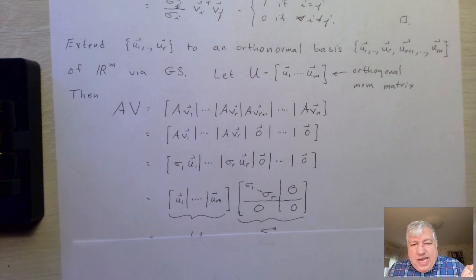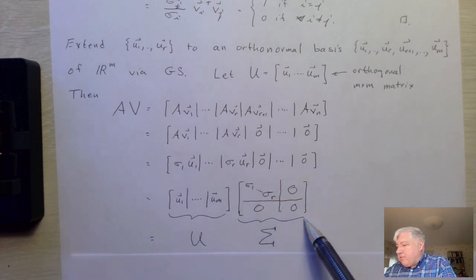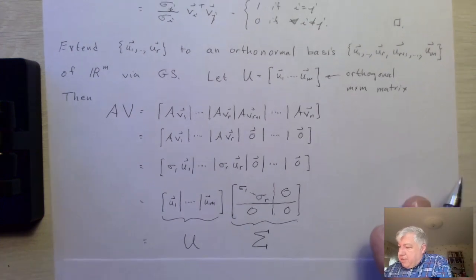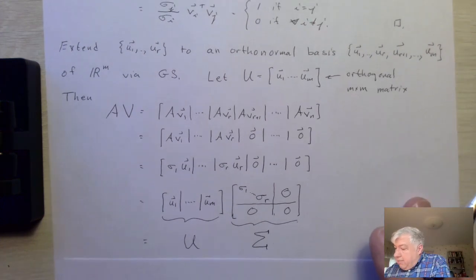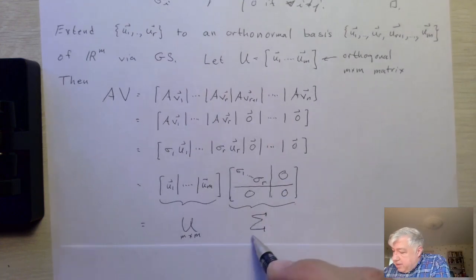If r is equal to n, then this would be diagonal, but we can always describe it this way. So this is sigma, and maybe we should keep in mind here that U is M by M, and that sigma is in fact M by N.